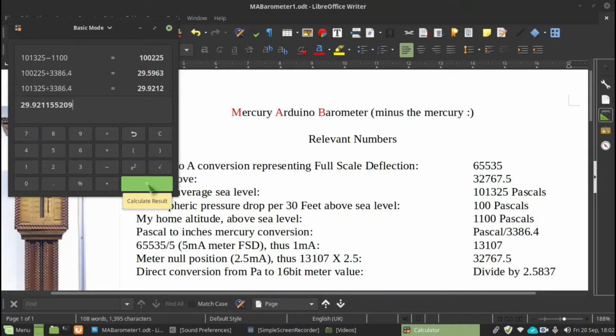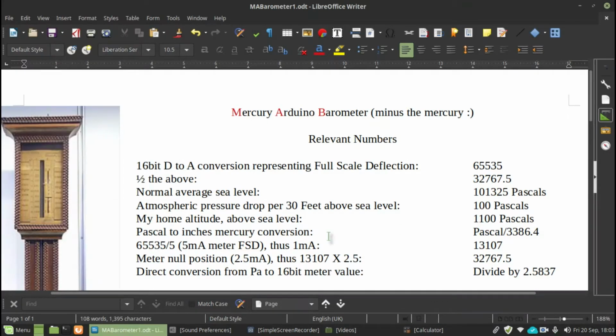So if you were to have the barometric device at sea level, and you had it conditioned to read inches mercury, instead of reading the 101,325, it would read 29.92 inches mercury, just under the 30 inches. We tend to think of it as 30 inches, but actually the normal average sea level barometric pressure is just slightly under 30 inches. Okay, so let me drop that down there and go on to the next item.